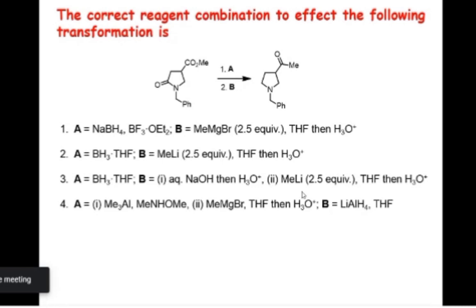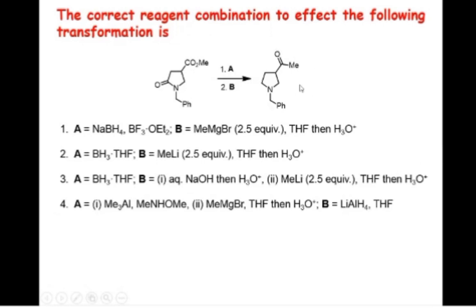Because the COOH acidic proton can be abstracted by the methyl group, we will have COOLi formation. Another equivalent of methyl group makes a nucleophilic attack on that carbon, we will have another O minus Li, then elimination takes place and directly a ketone is formed.